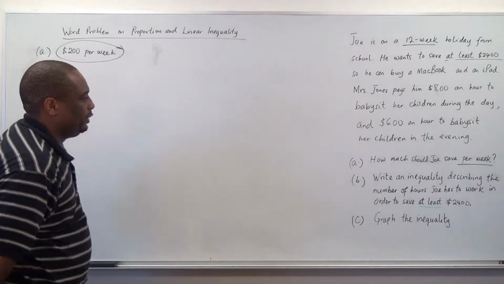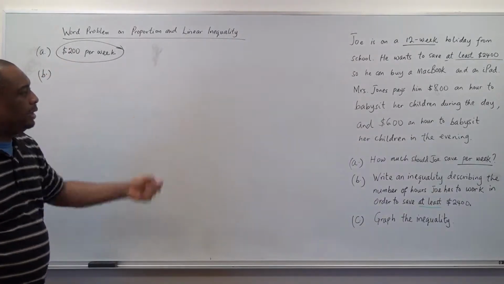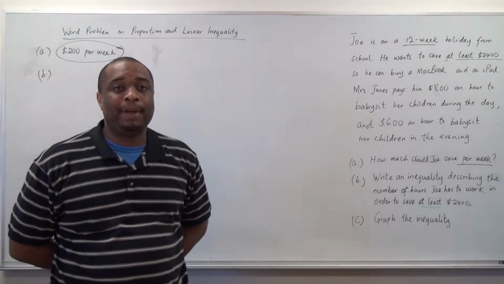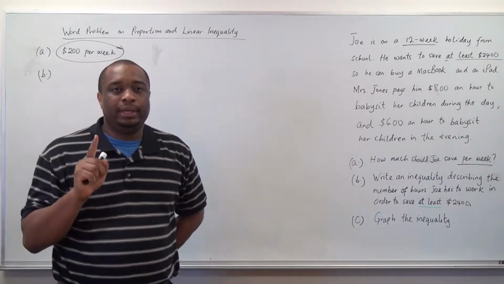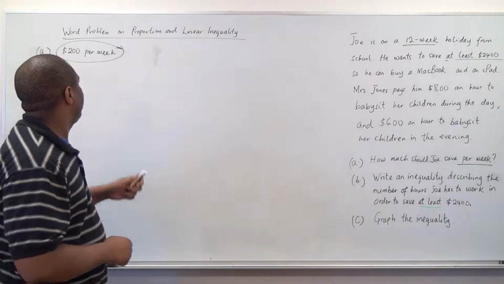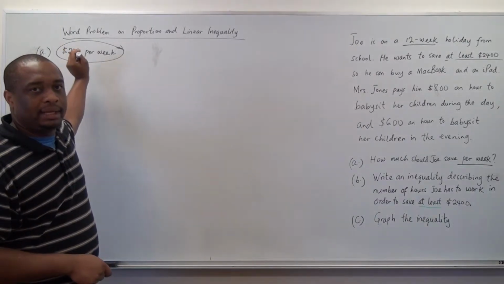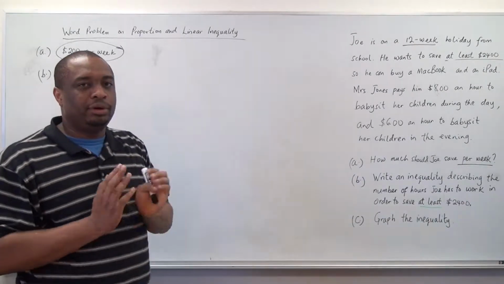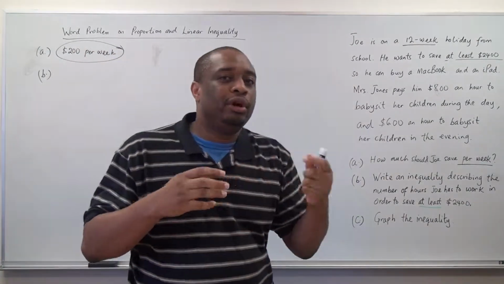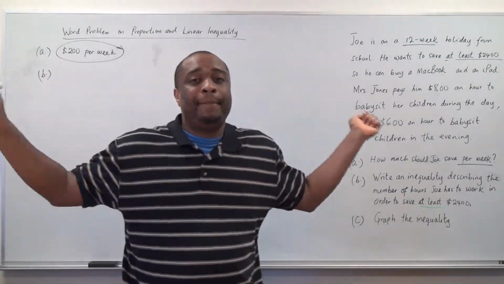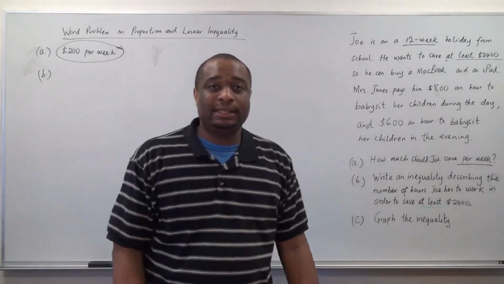As in the previous video, we did A and we found that we got $200 per week. I want to point this out, please. Make sure that you put the unit. In this case, it is the dollar sign. Because if you just write 200, it could mean 200 markers, 200 pens, or 200 pencils.